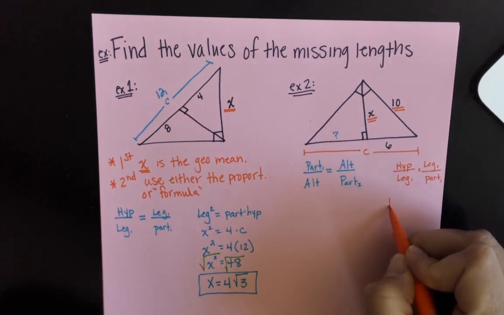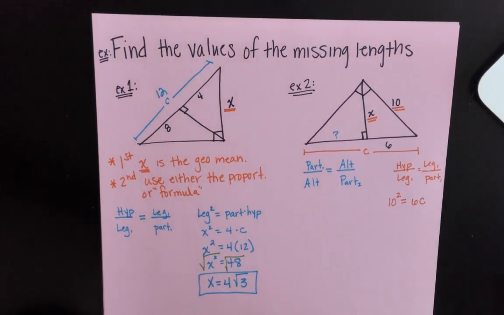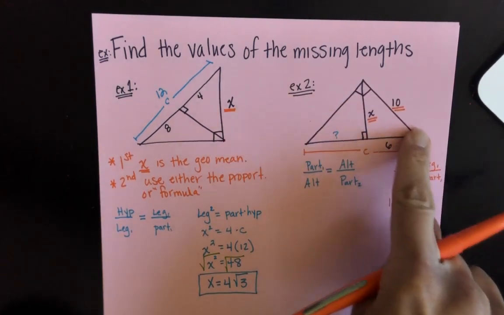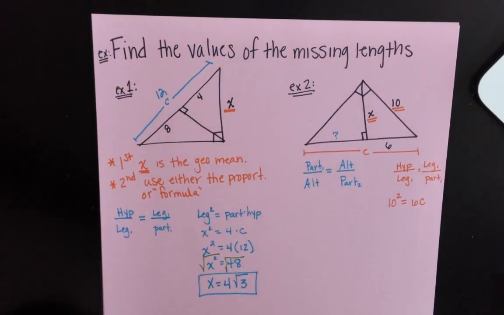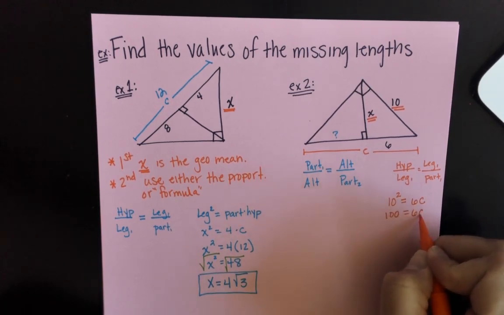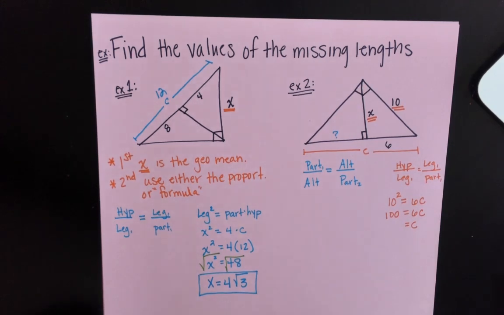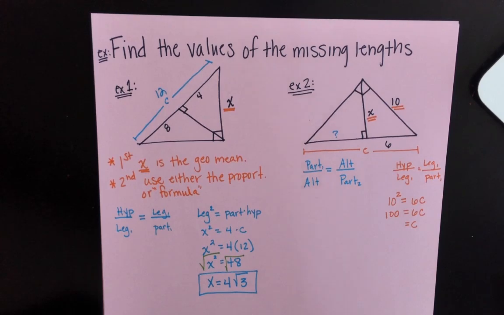Or 10 squared equals 6 times c. Leg squared equals part times hypotenuse. So 100 equals 6 times c, and c is going to be 100 over 6.